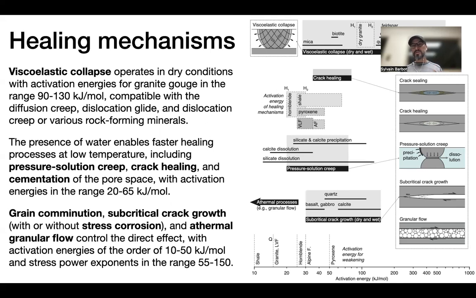An example of which is granular flow. So granular flow is a transport mechanism, simply things moving from here to there, does not involve chemical reactions, is not thermally activated. And so some of this granular flow must also be important for frictional sliding. And that means that the effective activation energy can be biased towards low values.